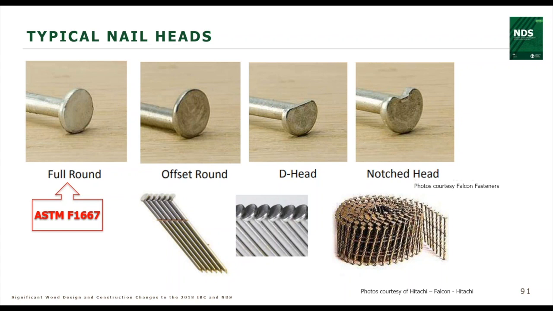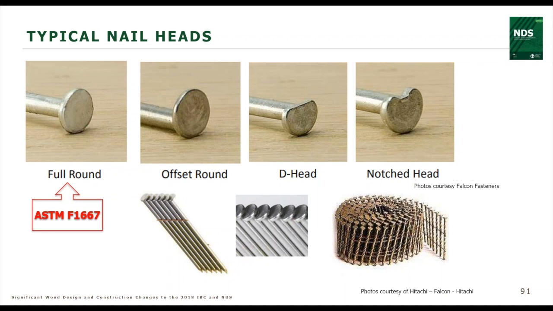But in the NDS, and what's tabulated in the NDS in our design tables, we deal with only F1667 nails. And those nails have what is called a full round head, which you can see here in the picture on the left.